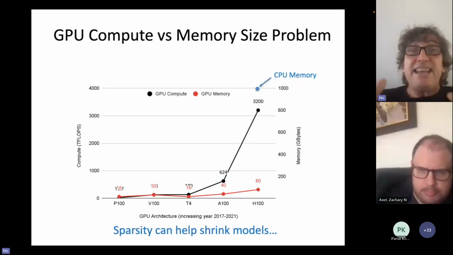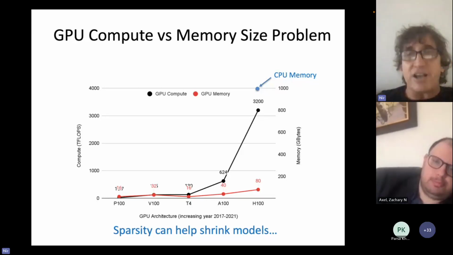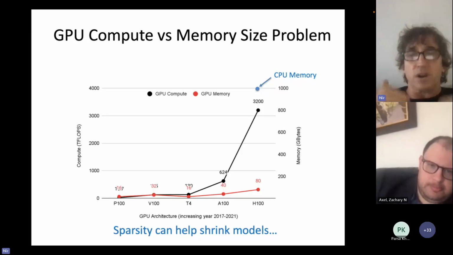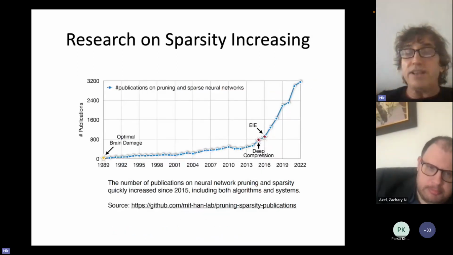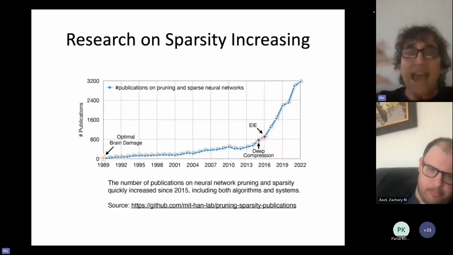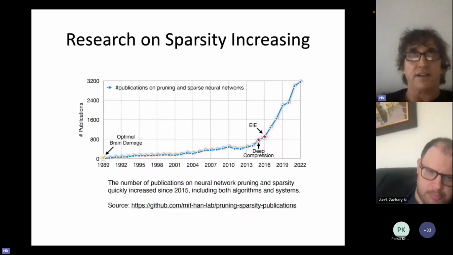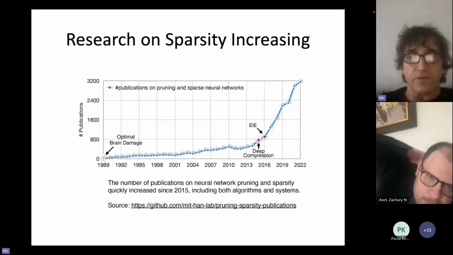But again, here we can use sparsity and caching to make them work well. And in fact, there's an incredible increase now in research on sparsity, because we're understanding that we really have to mimic the brain here. We can't avoid understanding those things that nature has understood from before.